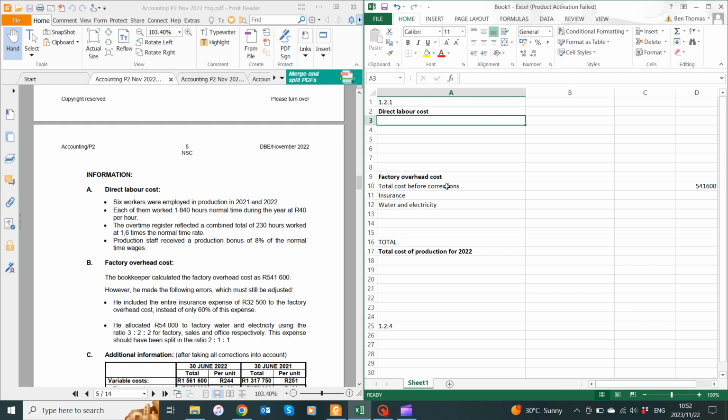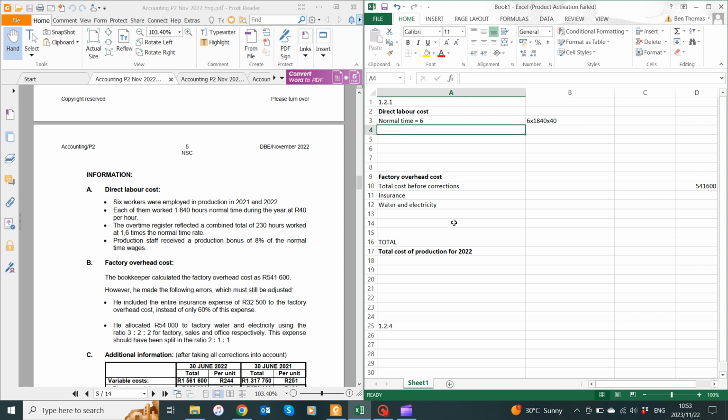We're going to start with your normal time, which equals 6 workers multiplied by 1,840 hours and multiplied by 40 Rand per hour.